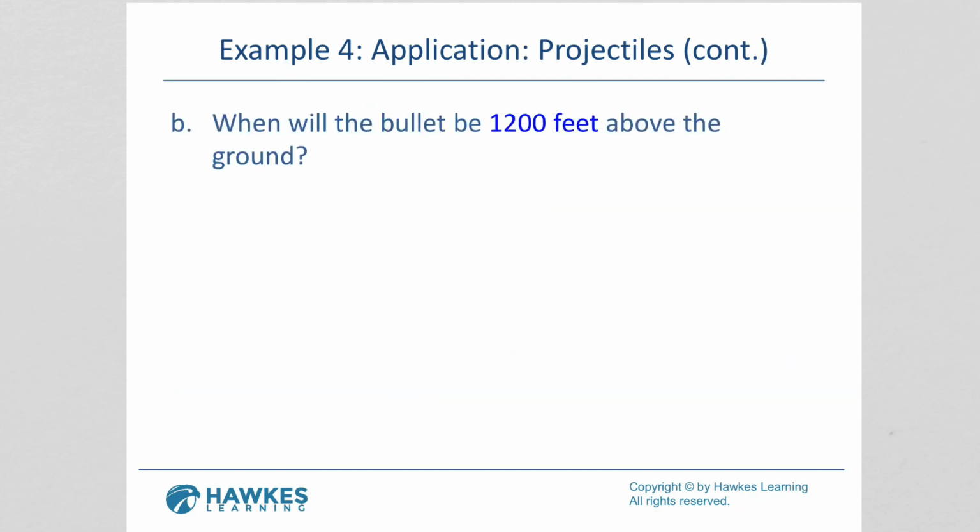For B, when will the bullet be 1,200 feet above the ground? In this part of the solution, we're going to let h equal 1,200. So this time the formula is 1,200 equals negative 16t squared plus 320t.